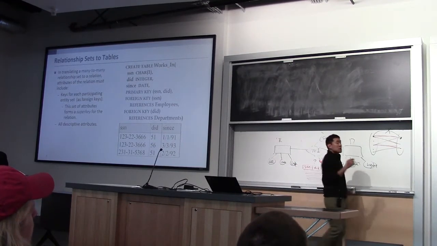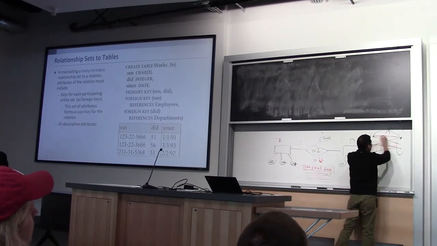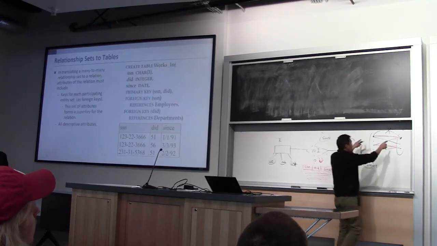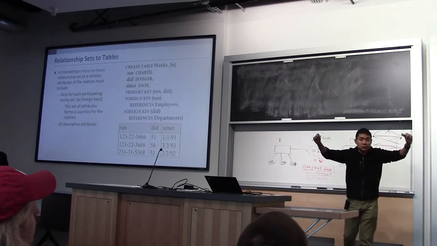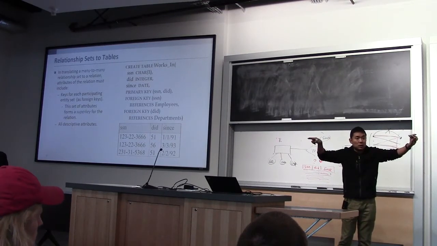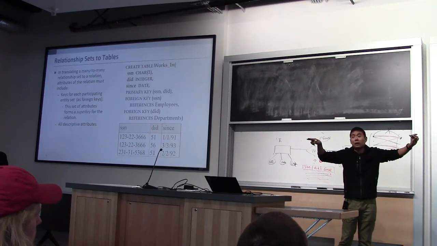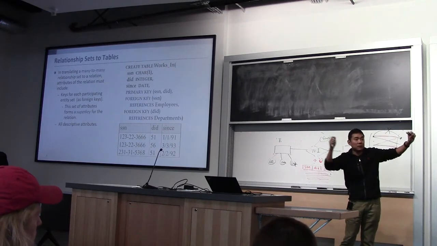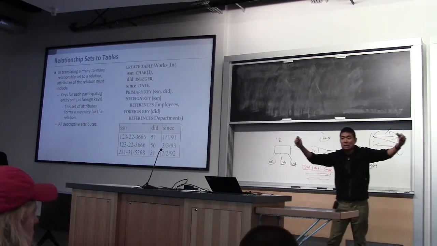Because of that, to uniquely identify a line, all you need to do is identify the two participating entities. These two are equivalent. If you have a question, you should raise it now. Let me repeat.